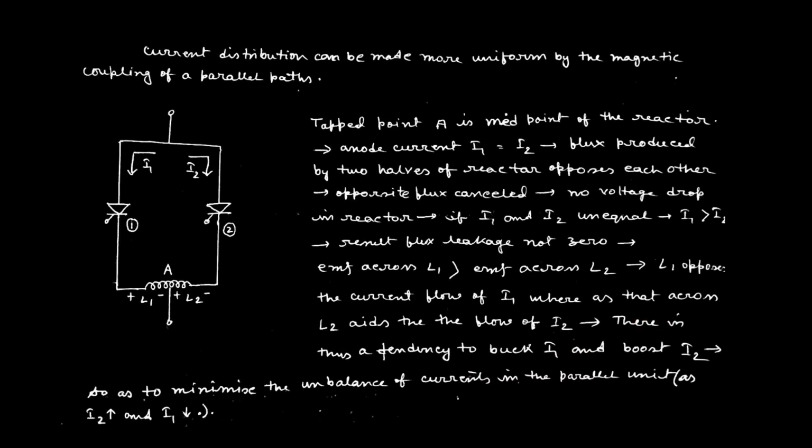It was my mistake; the tendency is back EMF of I1 and boost of I2, just as I told you before. So as to minimize the unbalance of the currents in the parallel units, as I1 increases and I2 decreases, we can say the current is equally distributed during parallel operation. Okay, so thank you for your kind attention.